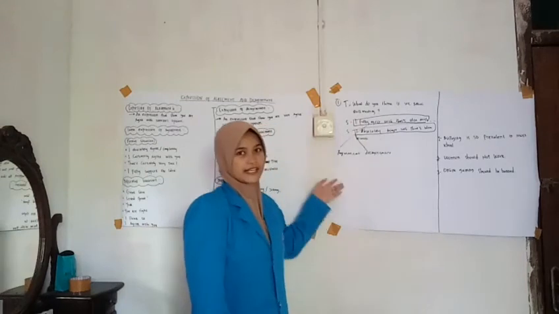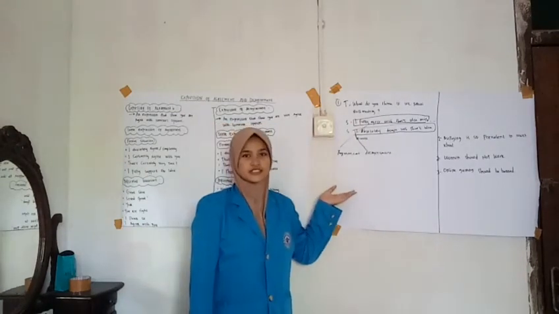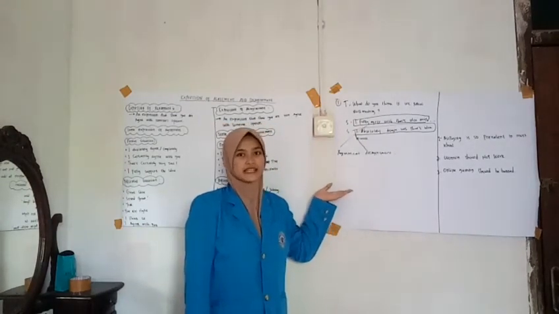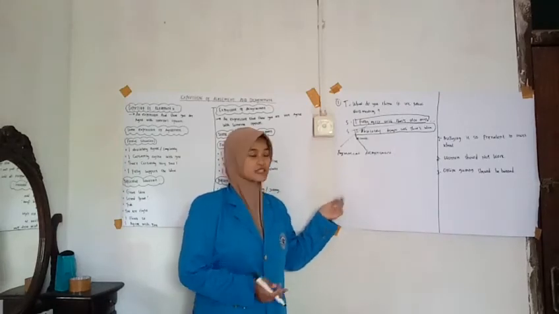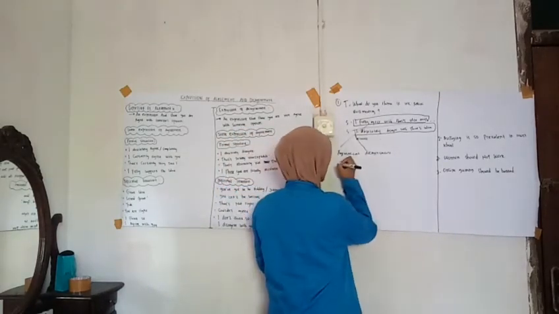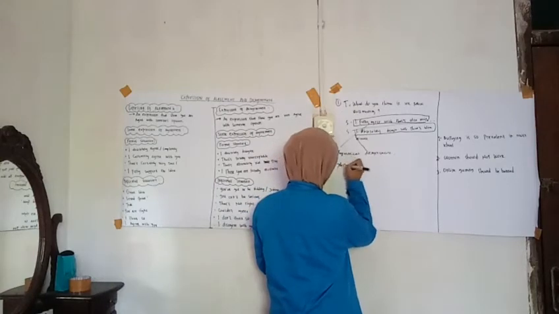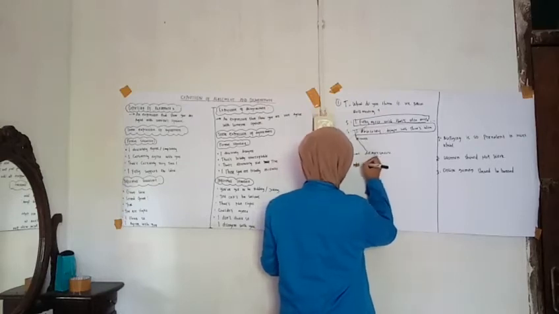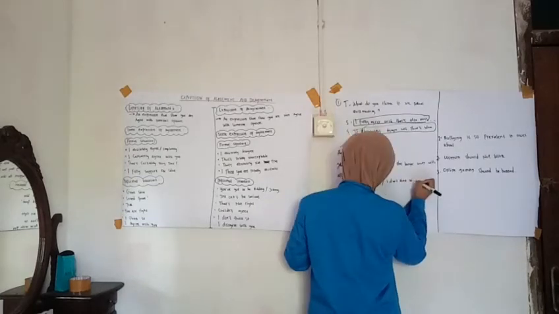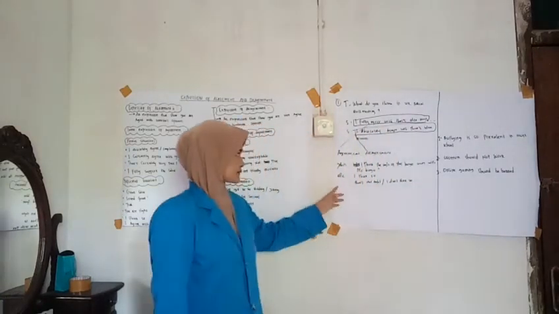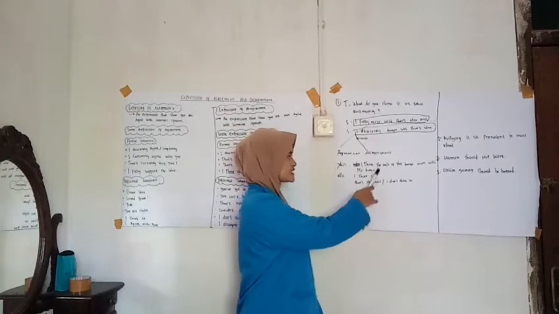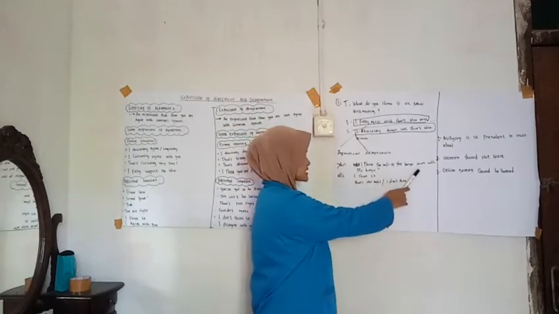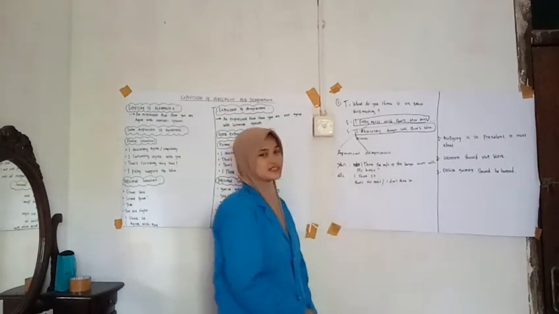Okay, let's pay attention to the next example, an informal expression between John and Al. John says: I think the taste of this burger is the same as my burger.